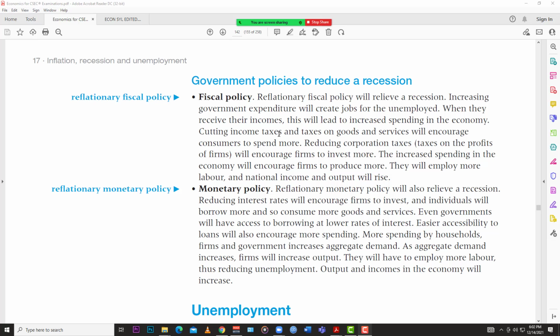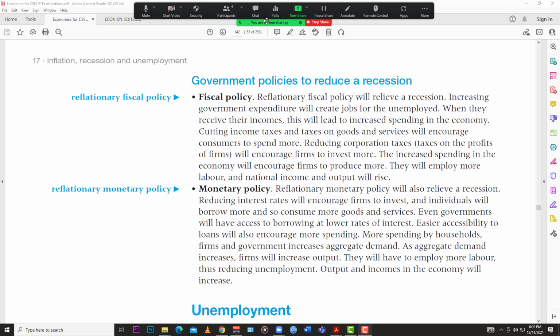Because if government starts spending, people get employed, get income, and spend that income elsewhere, which becomes income for someone else. So you see everybody benefiting, and you have a multiplier effect on the economy, and the economy can come out of the recession if it's done successfully. Same way with taxes: reduce taxes, encourage spending, and you might get an end to the recession. So that's using fiscal policy.